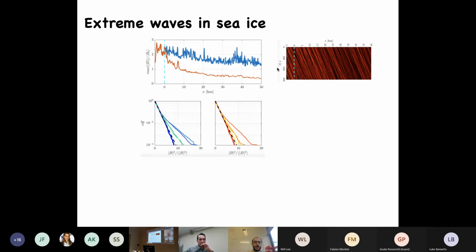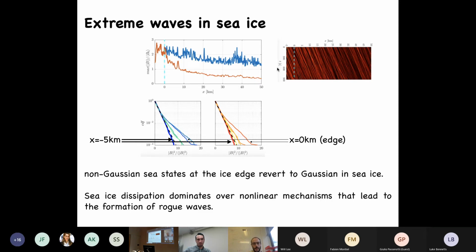If we start from an exponential distribution for the square of the wave amplitude, which is the thicker line, what happens is that at the edge, due to the nonlinearity of the field, we have an increase of the probability of rogue waves, so a departure of the tail of the distribution from the exponential profile. But as we progress further into the ice, so the lighter shades of color, we revert back to the Gaussianity or to the exponential profile.